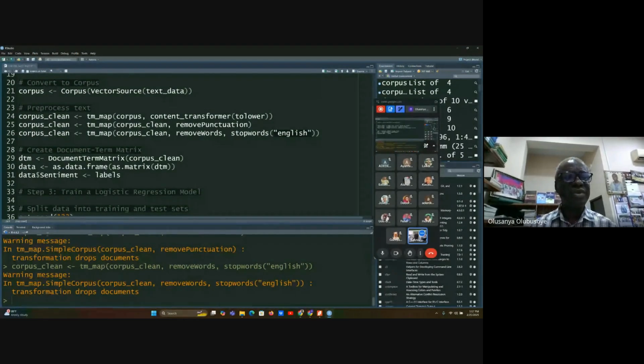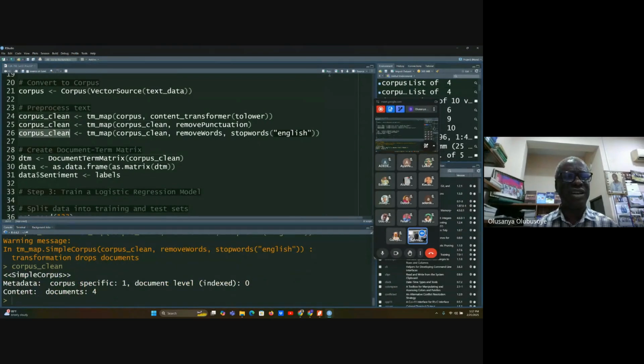So we have the corpus now that is clean. Let's even see the clean corpus. Of course, we still have 4 documents in the clean corpus. But before we see it, let's create what we call a document term matrix, which is done using the document term matrix function.